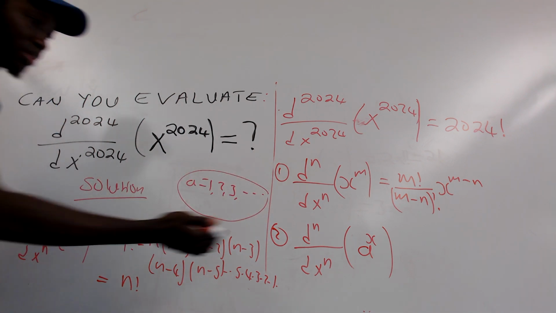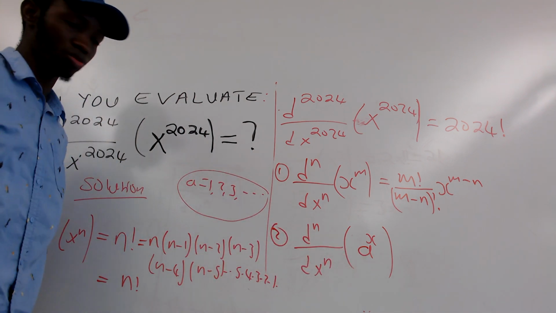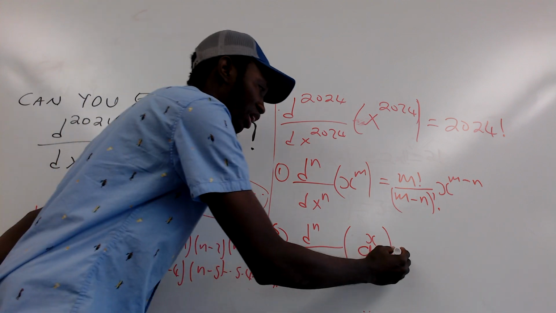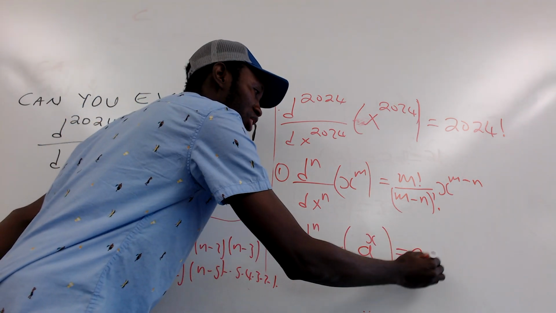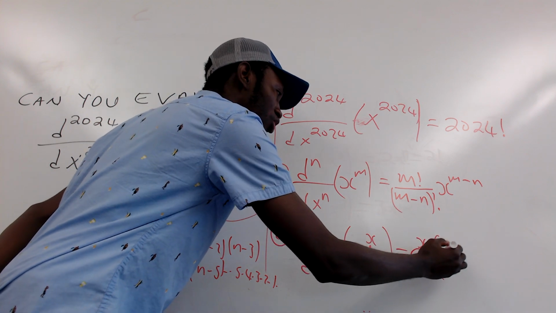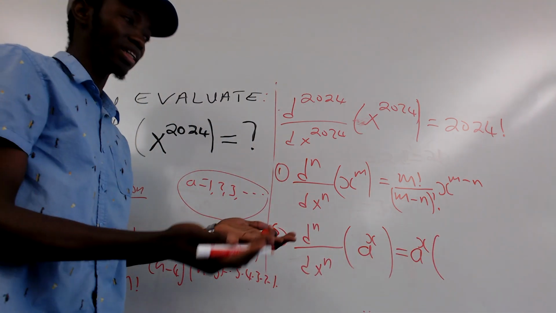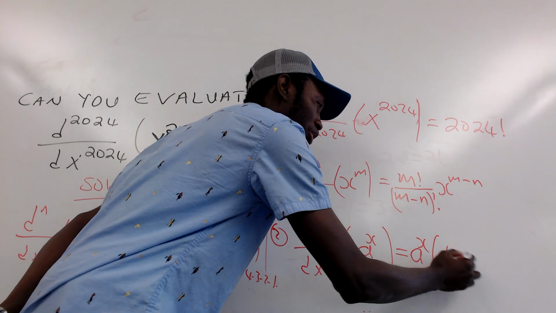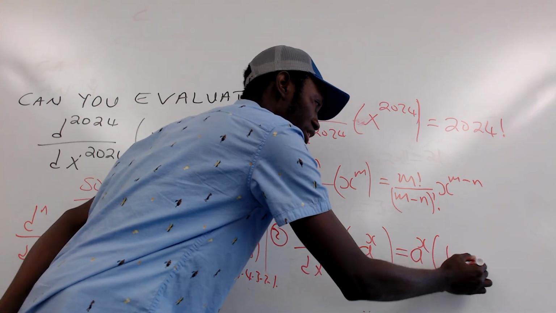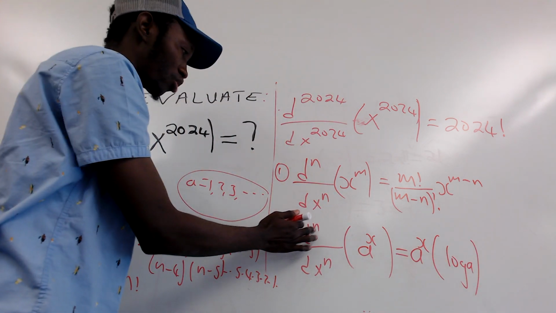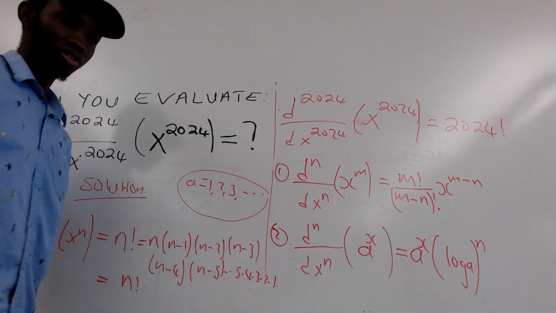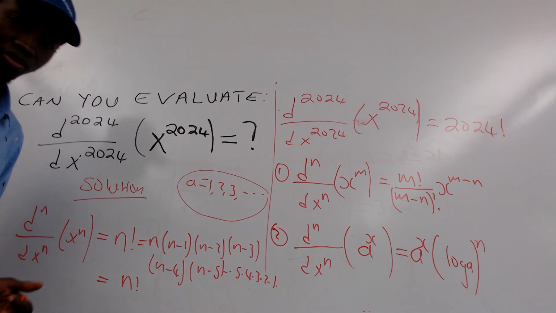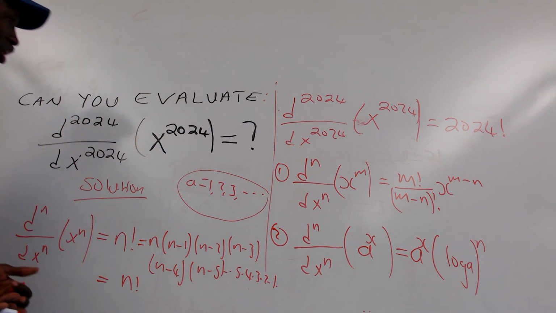So if a is represented, how can we have the derivative of this? The derivative is going to be the function given, a raised to x, times the ln or the logarithm. Some can use ln, or you can use log, of this a, raised to the power of the degree of the derivative, which is n. You see, so this is how we differentiate this value. So this is the result for this.